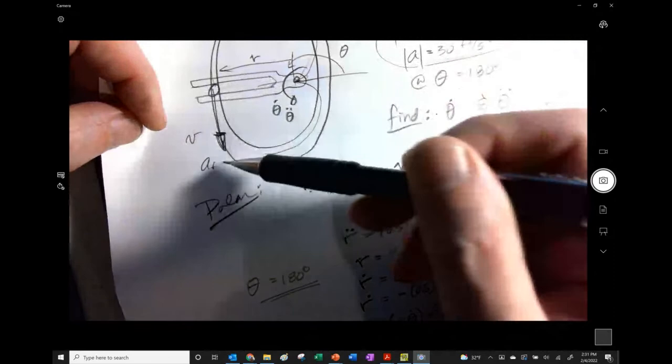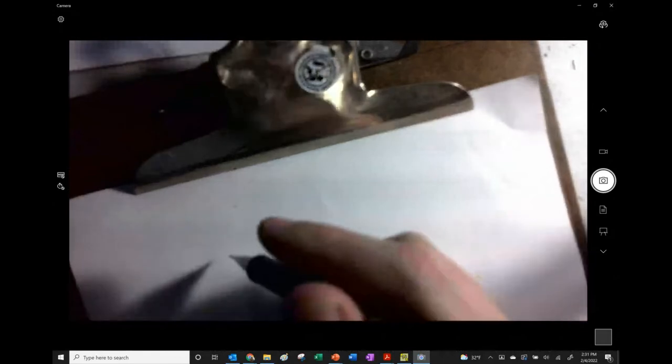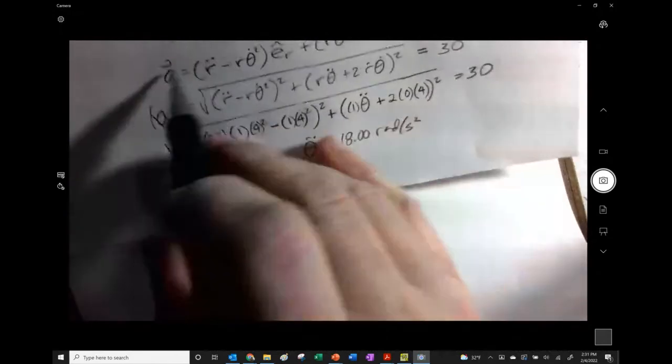So that's fine. But this acceleration has two different parts to it. So let's investigate that a little bit further. We can now use that to find the radius of curvature of the path at this time. So I can find this acceleration here. I'm going to plug it into this equation right here.